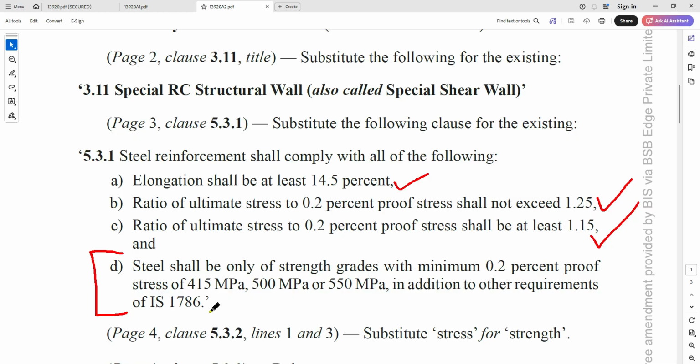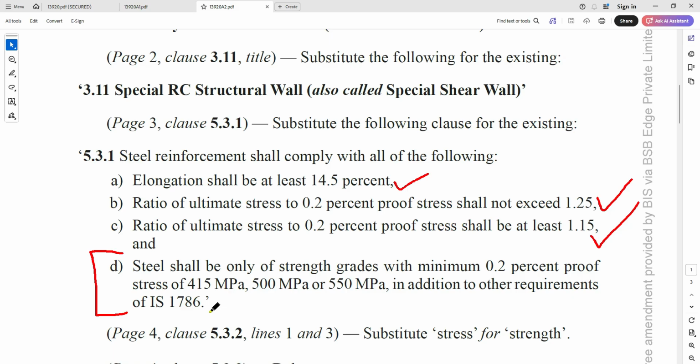Now one very important thing comes here. This code is nowhere telling you to use 550D only or 500D only or 415D only or special seismic category S only. It mentions that these three conditions are there, then you can use any of the Fe415, 500, 550, maybe 550 ordinary or maybe 550 ductile and vice versa for all these grades.